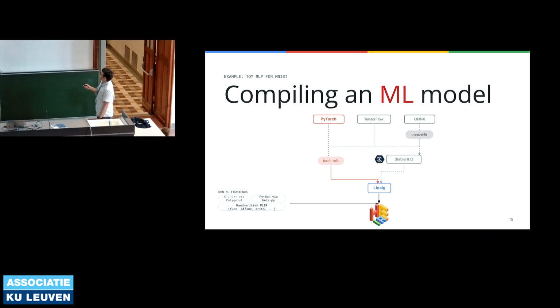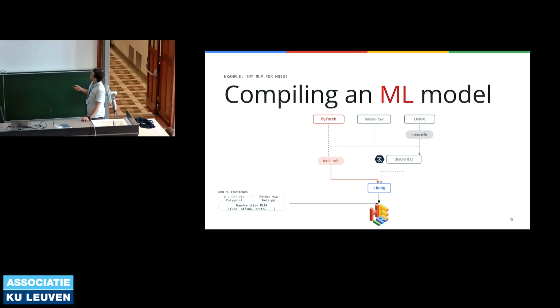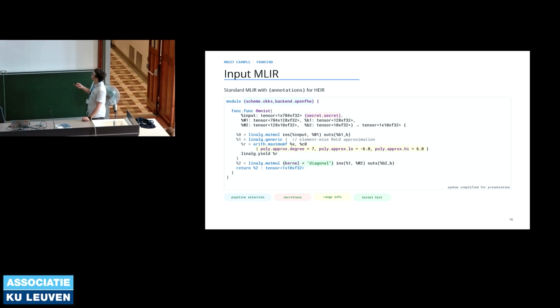That's part of the LLVM project. Then most of what's going to happen is going to be in the linalg dialect, that's for linear algebra. And that's what Hare is going to take as input, and it's going to compile to some output dialect.